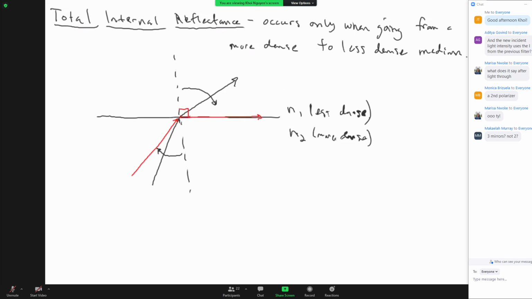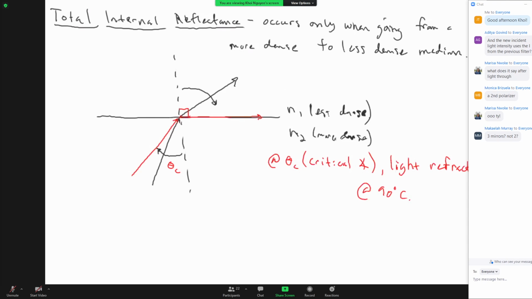And this angle here is called the critical angle. So at theta C, which we'll call the critical angle, light refracts at 90 degrees. Okay.